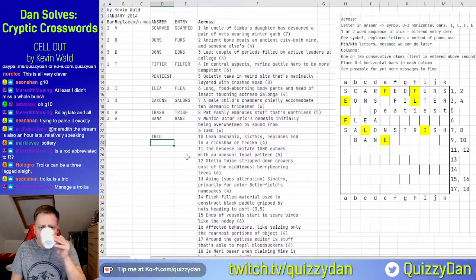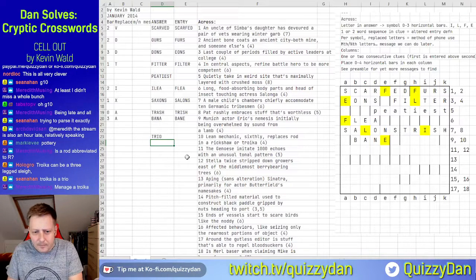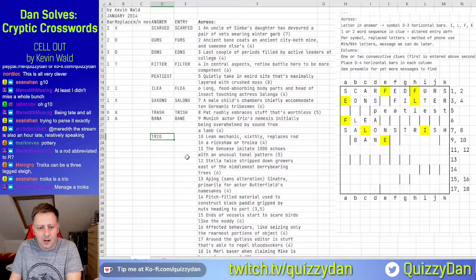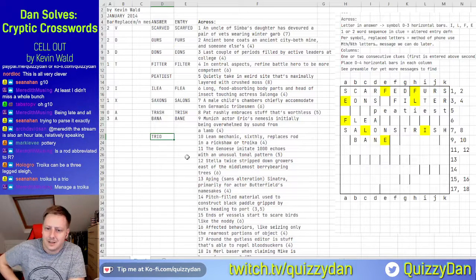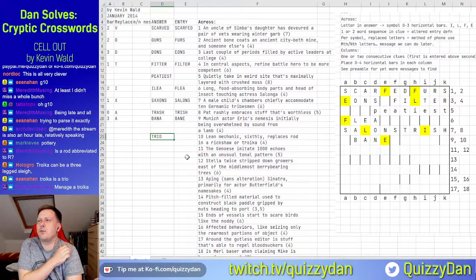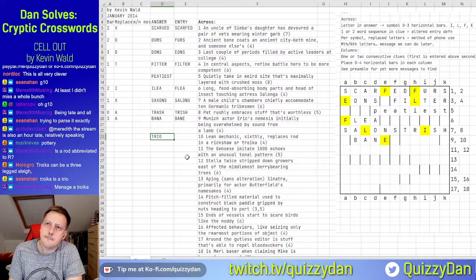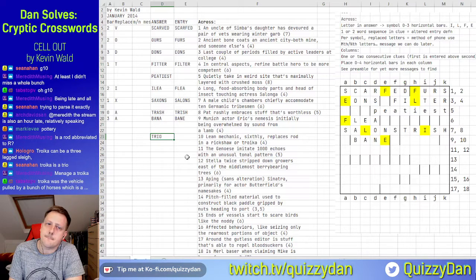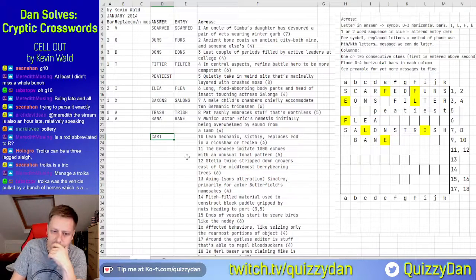Pottery. Vase. 4-letter pottery item is a vase, but I don't think it is that. N replaces... that. What's another name for a rickshaw? It's a cart.